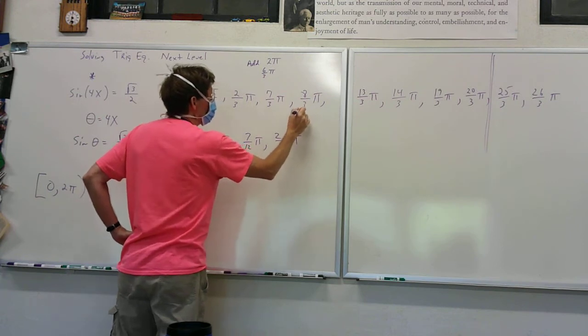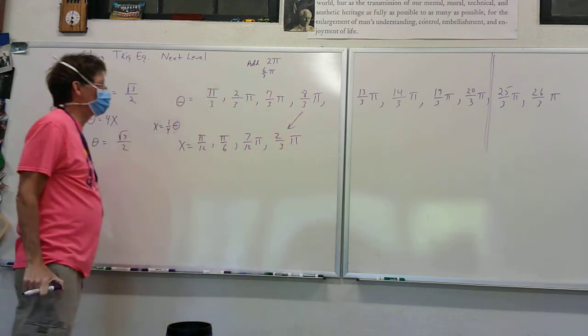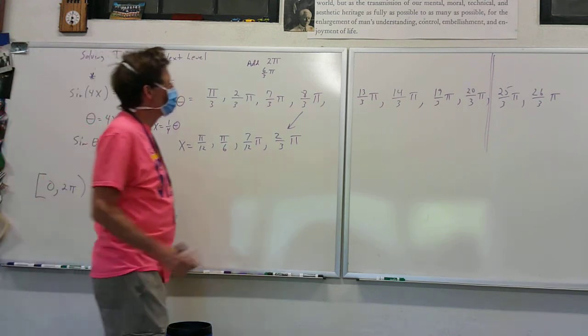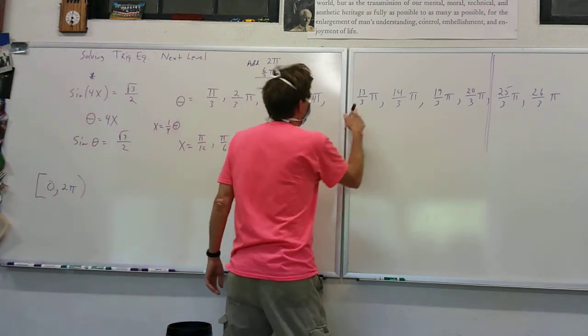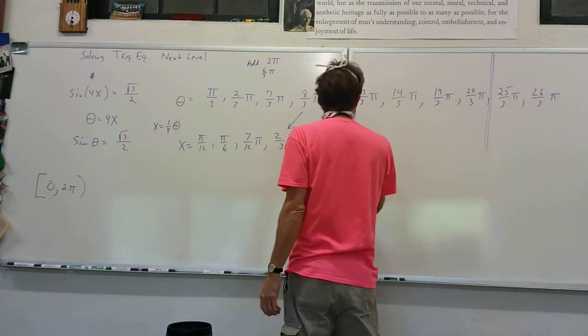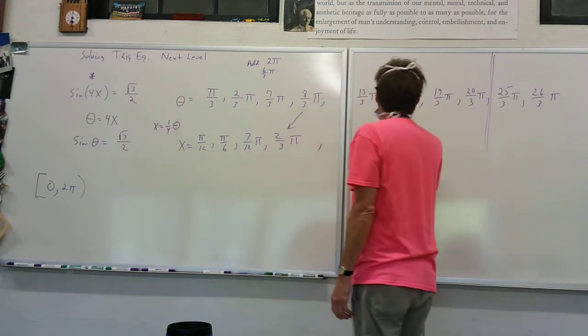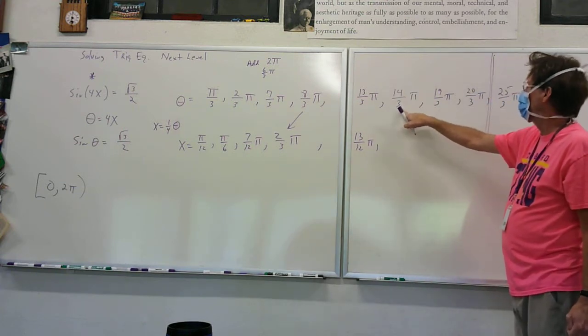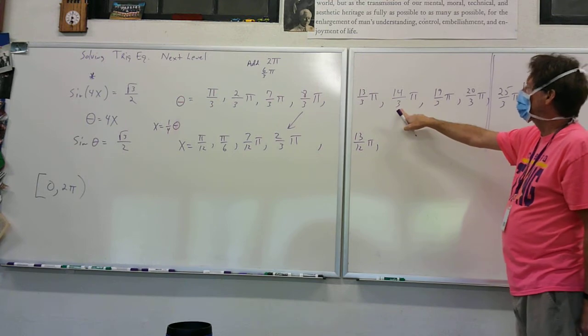Okay? We'll put a little arrow there so that, yeah, multiply it by what? 1/4. Then we'll multiply this one by 1/4. That's going to be 13/12. Multiply that one by 1/4, 7/3.